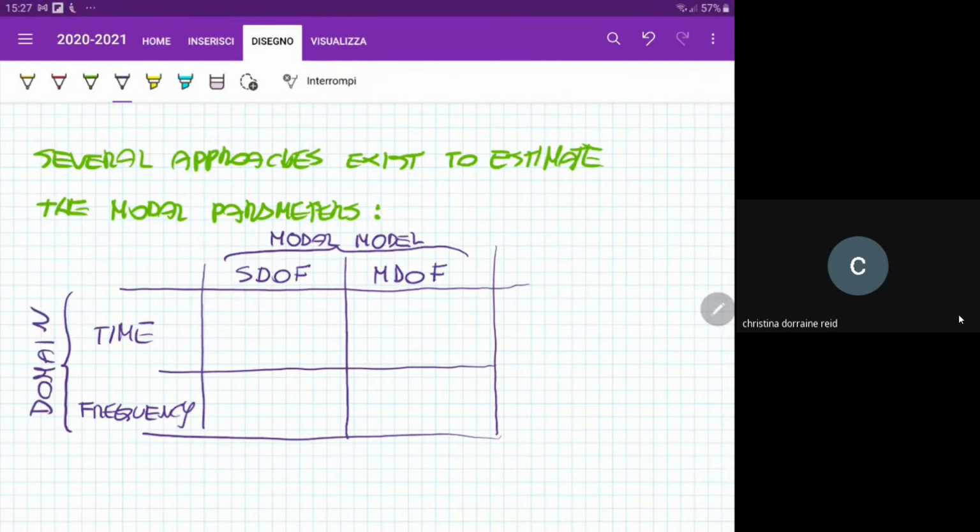So here we have at least four approaches that we can consider, and indeed we will start doing that.